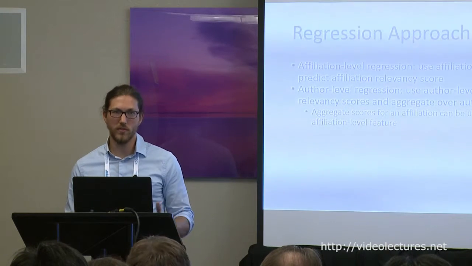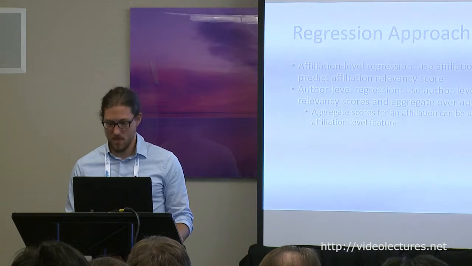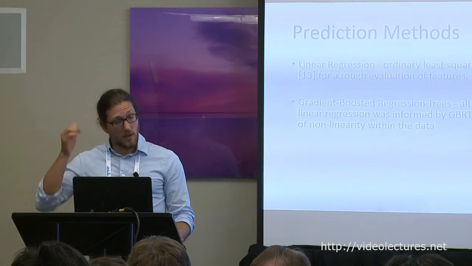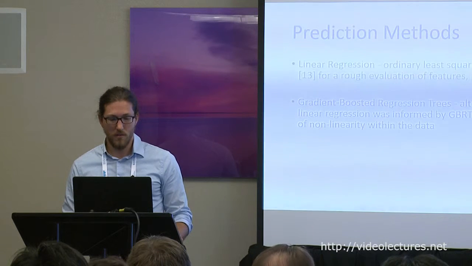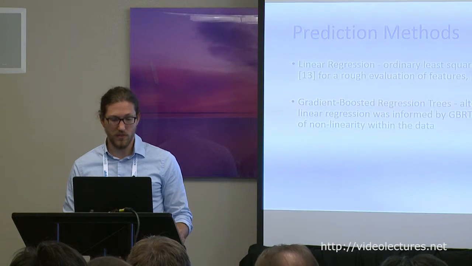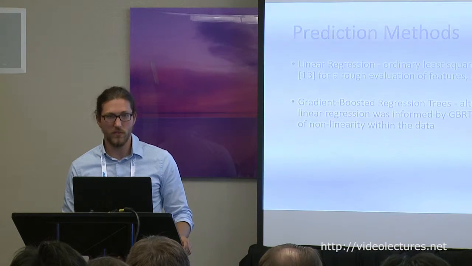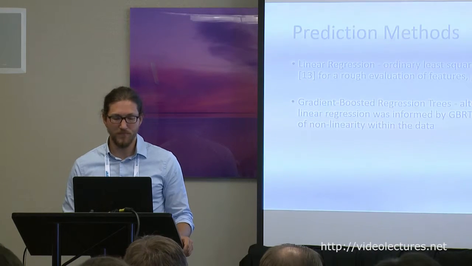We tried both of these approaches, and I'll get into some results on what we saw. As far as solving the actual regression, we examined linear regression and gradient boosted regression trees. I'll cover the results later, but interestingly enough, we found that linear regression outperformed gradient boosted regression trees in nearly all cases with the small number of features we had.